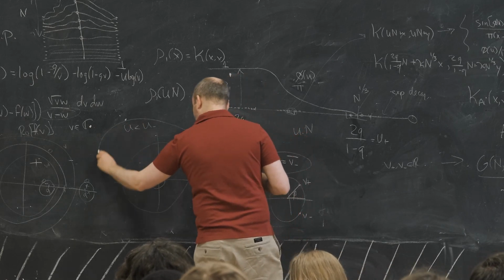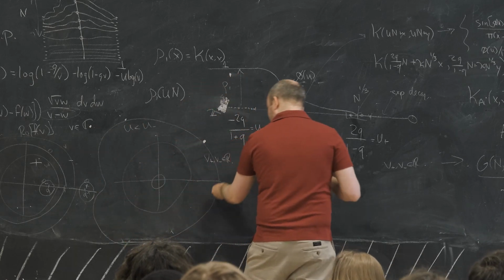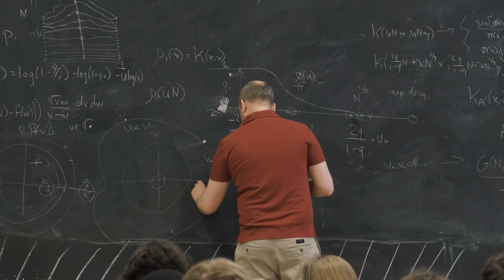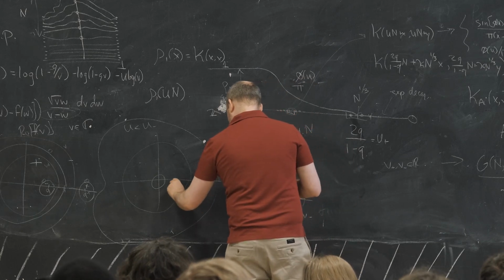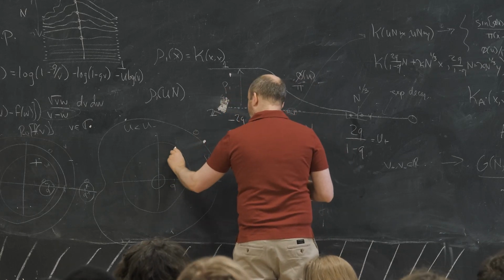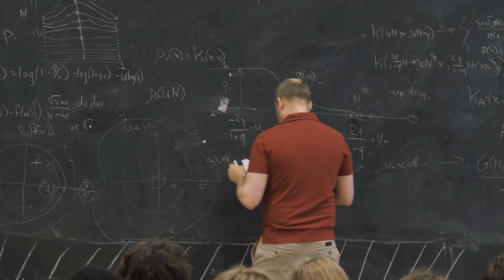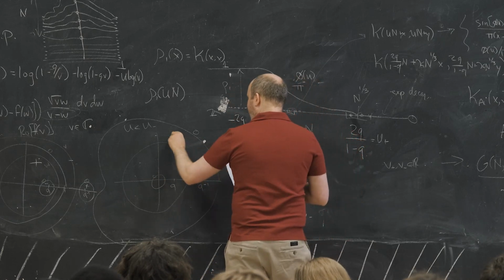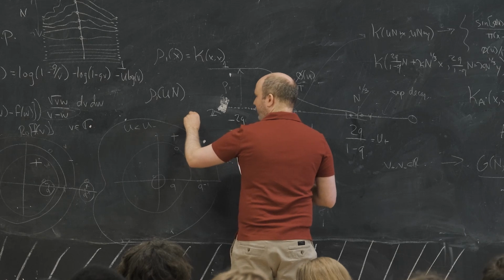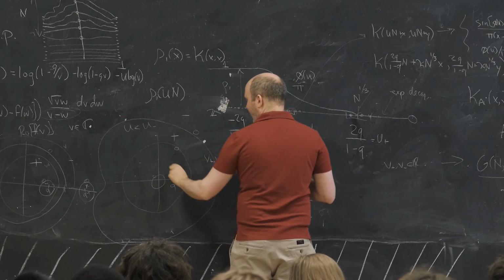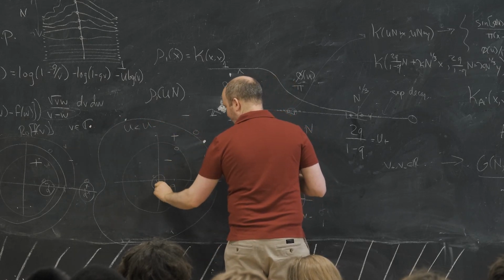But so this is the type of level line that you end up seeing. These are all the 0 level lines of your function. And in this region, you have positive values of the real part. In this region, negative, negative, and positive.